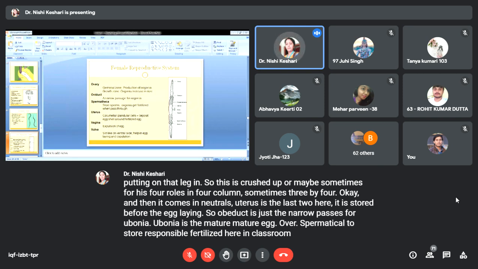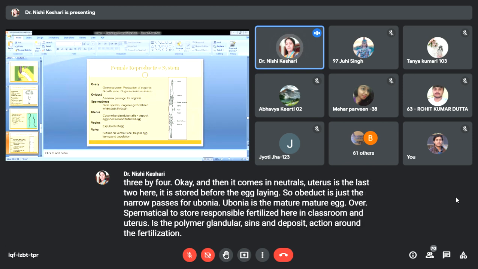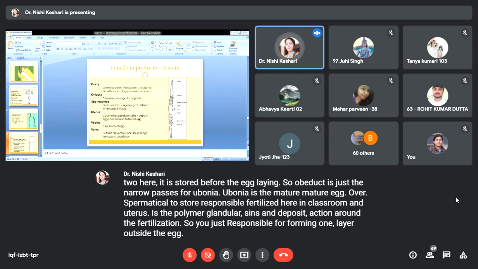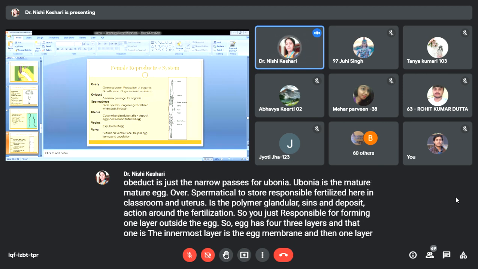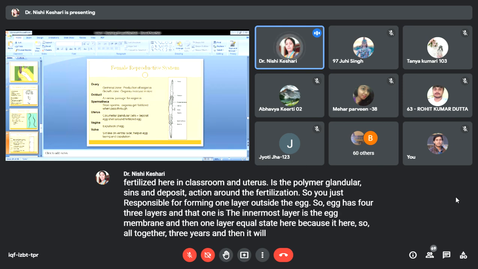The uterus has columnar glandular cells and deposits eggshell around the fertilized eggs, so the uterus is also responsible for forming one layer outside the egg. The egg has three layers: the innermost layer is the egg membrane, then one layer is deposited here and one layer deposited here. So altogether three layers, deposited outside the fertilized egg.